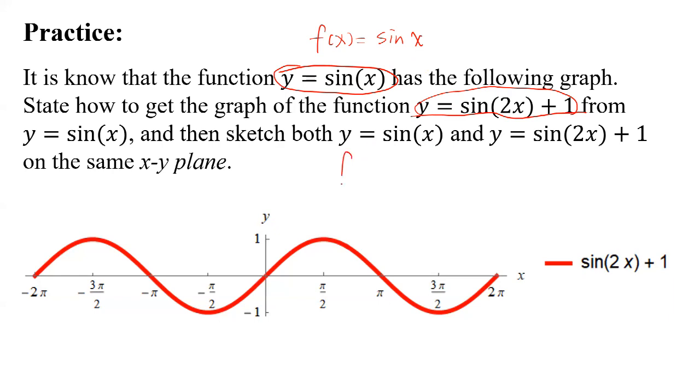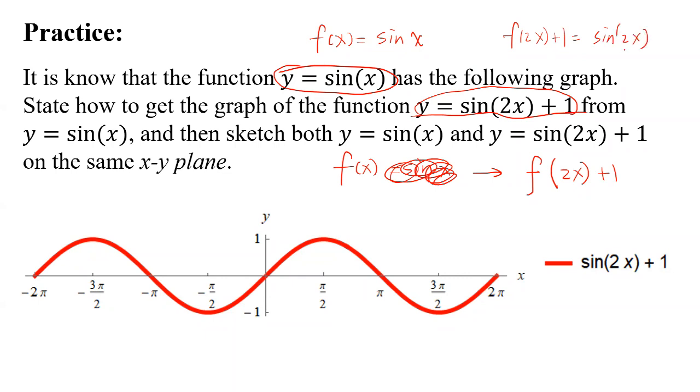So here, actually the transformation is just from f(x) equals sine x to f(2x) plus 1, right? Why? Because f(x) is sine x, then f(2x) plus 1 is just sine 2x plus 1, which is here, right?